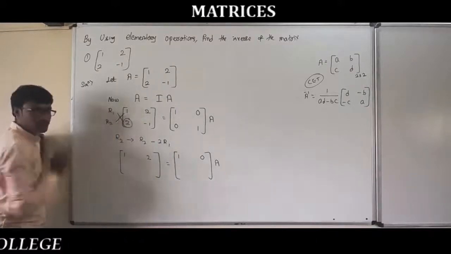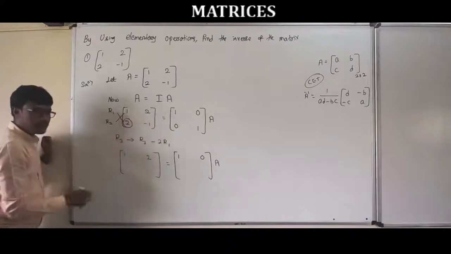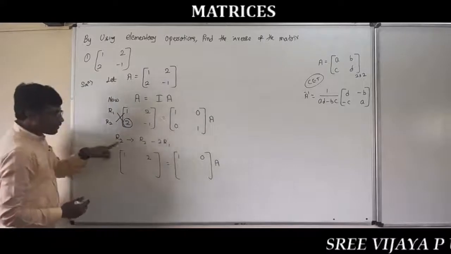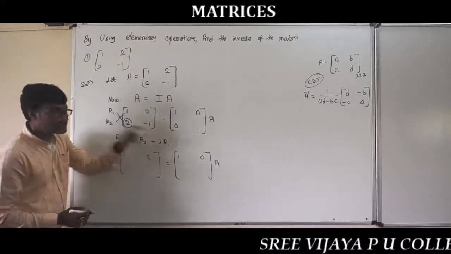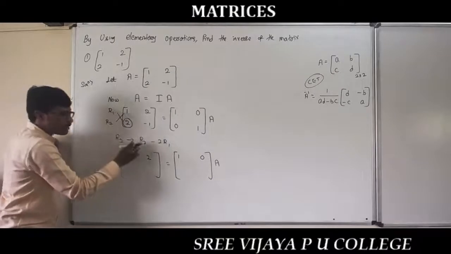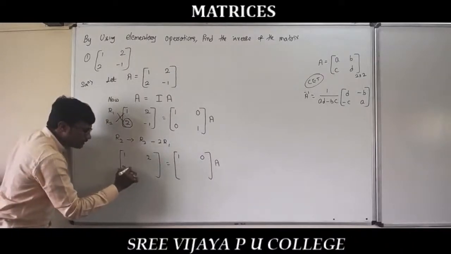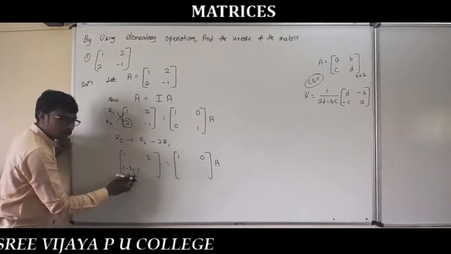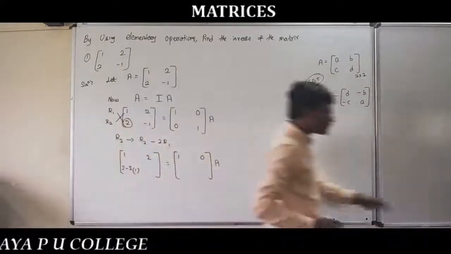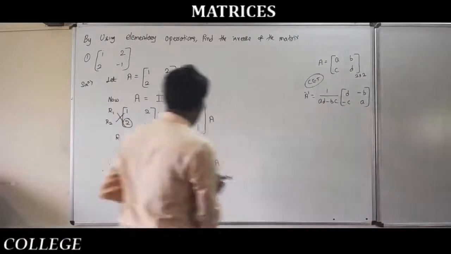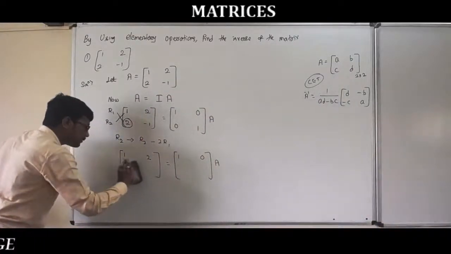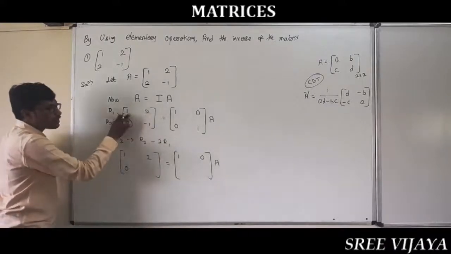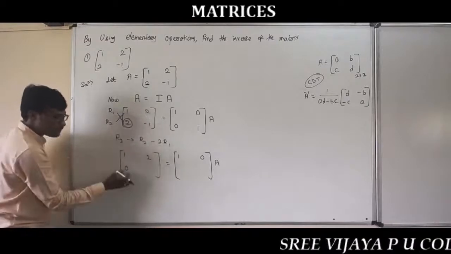R2 changes to R2 minus 2 times R1. See here, for 2, the corresponding element of R1 is 1. R2 is 2, minus 2 times R1, which is 1. What is that? 2 into 1 is 2. 2 minus 2 is obviously 0. So we get the answer 0 there, so it is correct. R2 is 2, minus 2 into R1, which is 1: 2 minus 2 is 0.